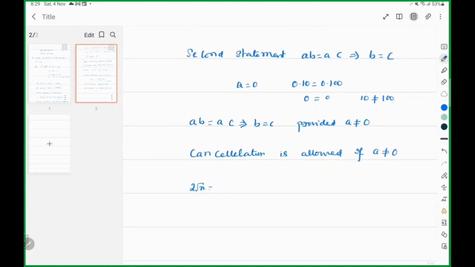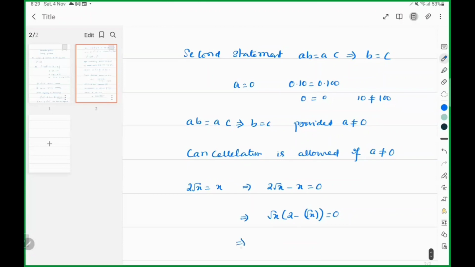2 root x is x. Don't cancel root x because x can be 0. So what you have to do is take x to the left side, take root x common, equal to 0. So here root x is 0 or root x is 2 minus root x, not and. So one of them is 0, the product can be 0.